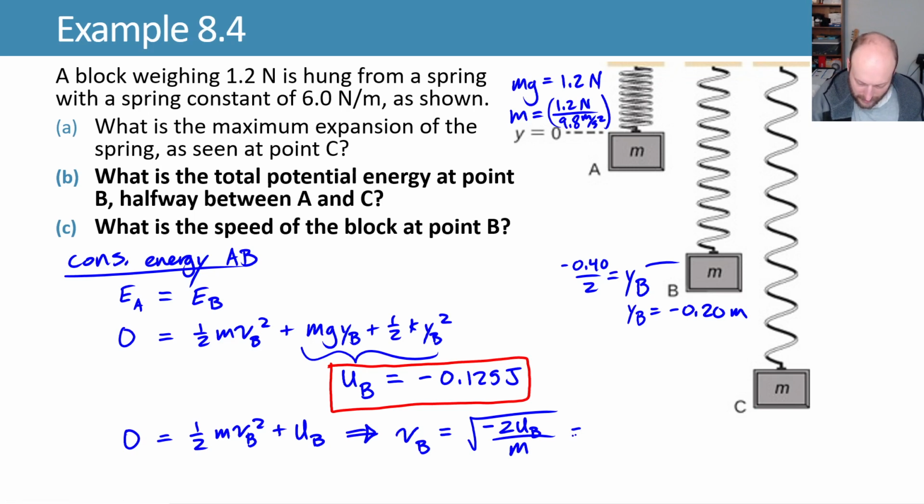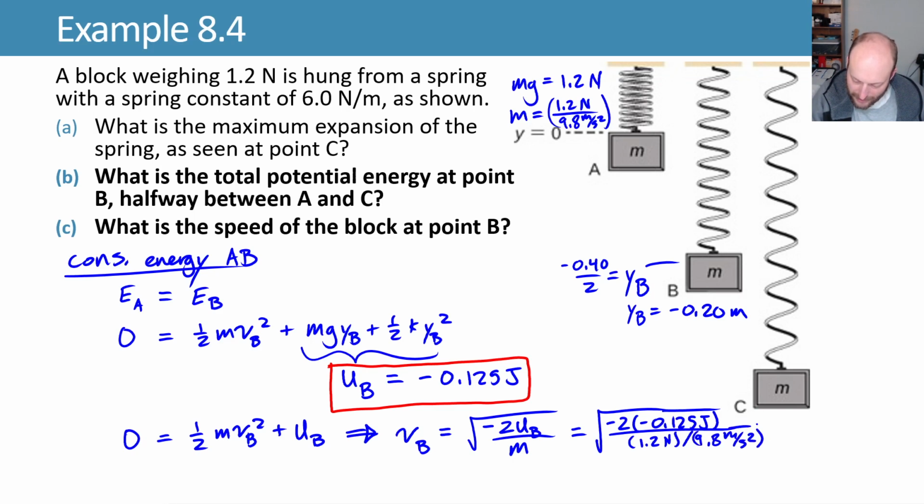And that gives us the square root. It's a square root of a negative there, but it's all right. Our UB is negative, so it'll cancel. Negative 2 times negative 0.125 joules, and then this will be 1.2 newtons over 9.8 meters per second squared.